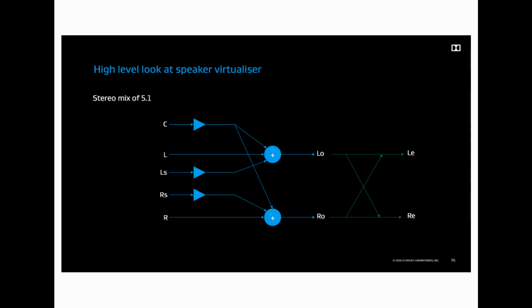And so to start building a speaker virtualizer, we put in some HRTFs to model the ITDs and ILDs. But then we also have to add in what we call a crosstalk canceller, which is essentially a cancellation signal so that your right ear doesn't hear the left speaker and vice versa.